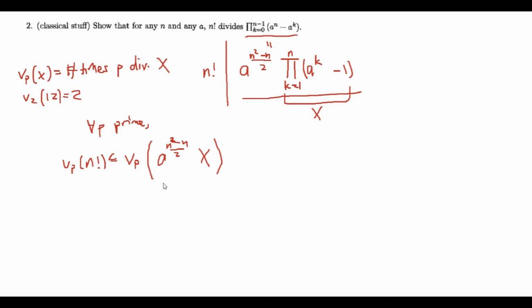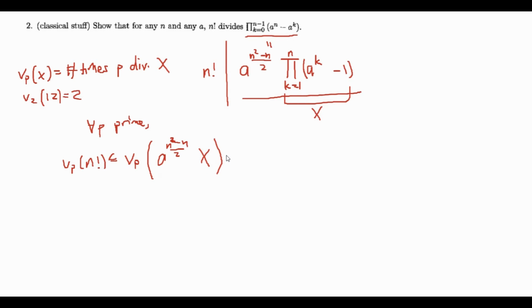And let's look at this thing. By a property of v_p, if p divides into this expression some number of times, and p divides into this expression some number of times, then p divides the entire product by the sum of these two. And this is pretty obvious if you just think about it.